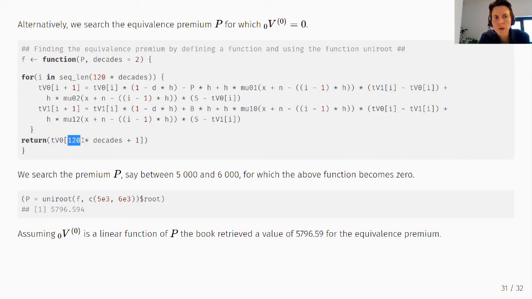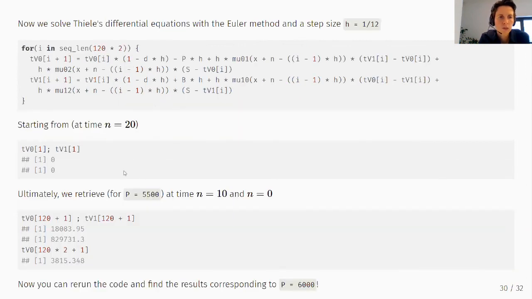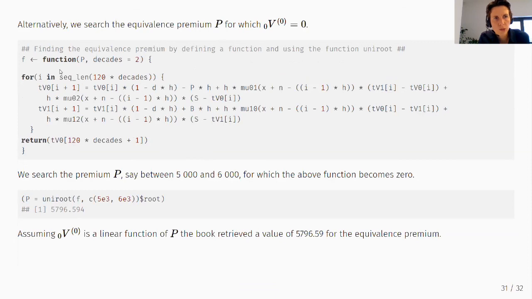And that's coded here with 120 times 2 plus 1, which is the same as what you had over here. That's my policy value at time 0 if I reason along the grid that I specified over here. So this function gives me back the policy value for state 0 at time 0, and it's relying on an unknown P.